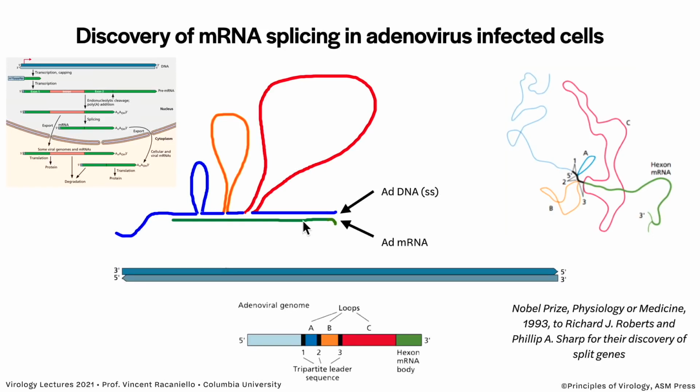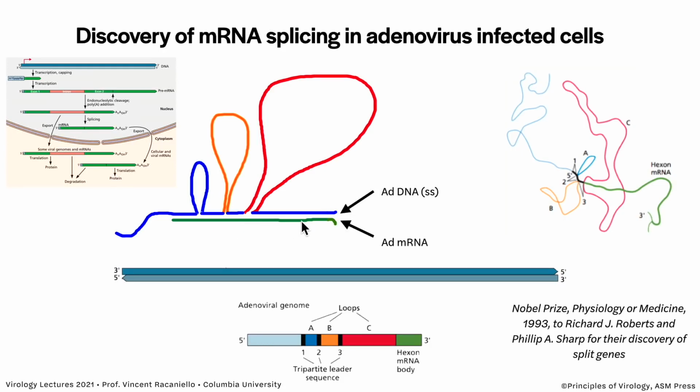They could purify lots of this from virus-infected cells, and they could purify viral DNA, and they made it single-stranded, and they hybridized the two, and they looked at it under the electron microscope. And this is what they saw on the right here. And the interpretation of that is drawn here by me on the left.